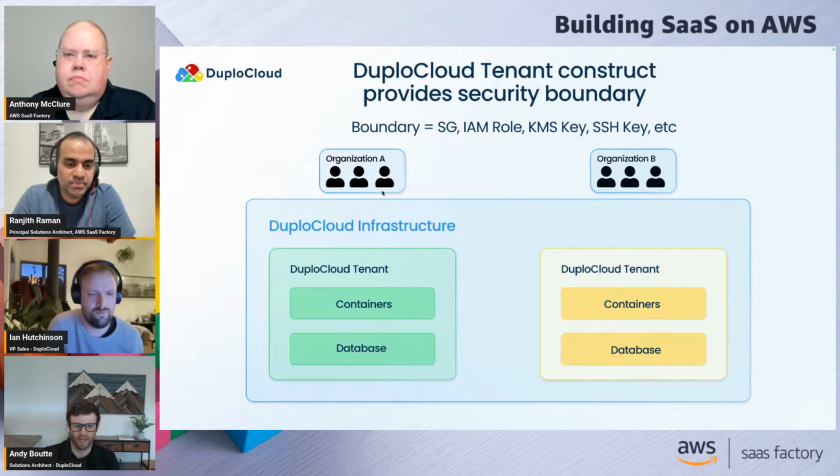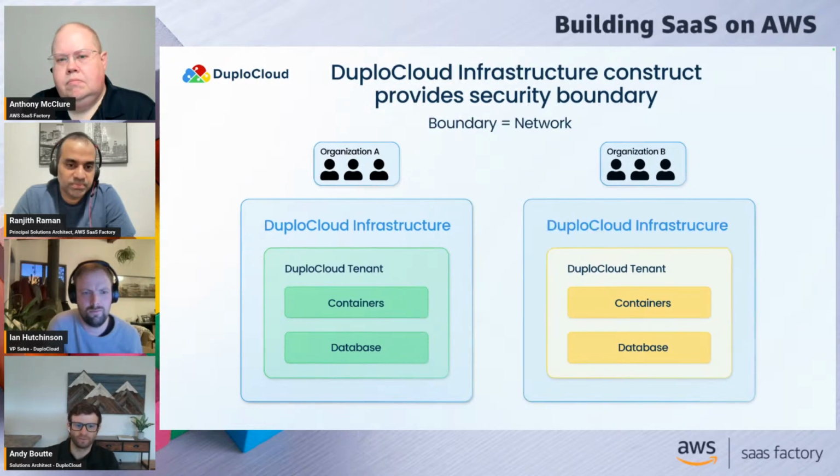But DuploCloud has this concept of a tenant, and it allows us to share infrastructure, but be able to isolate customers from each other. And the boundary between those tenants are things like a security group and an IAM role. And again, we'll get into more details of what this looks like later on in the show.